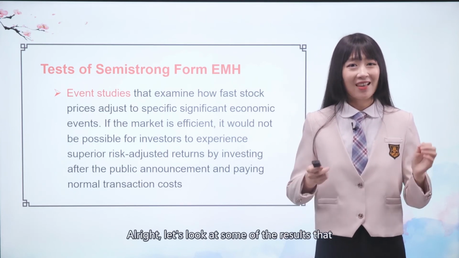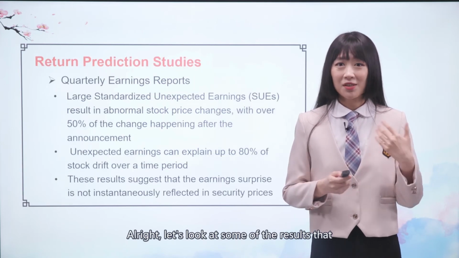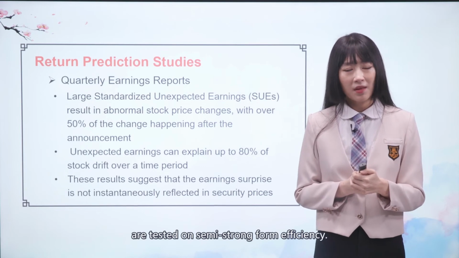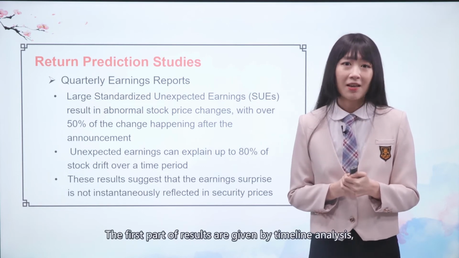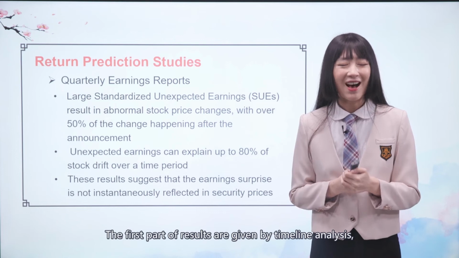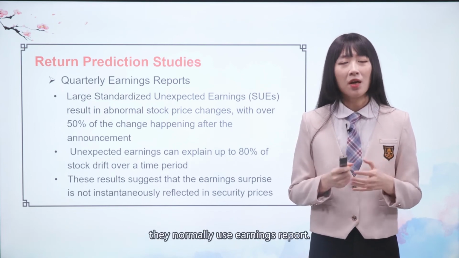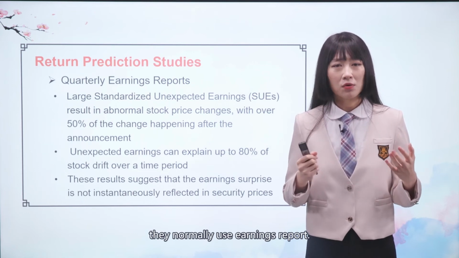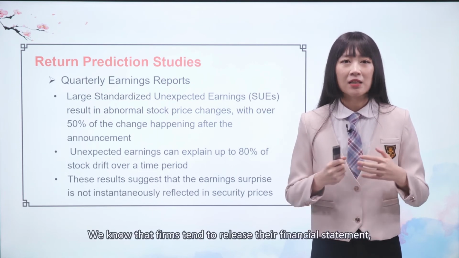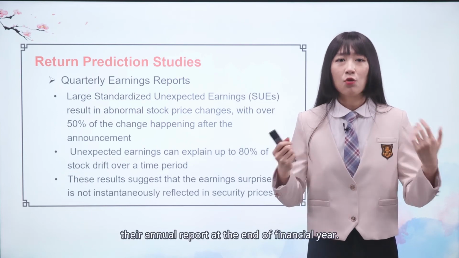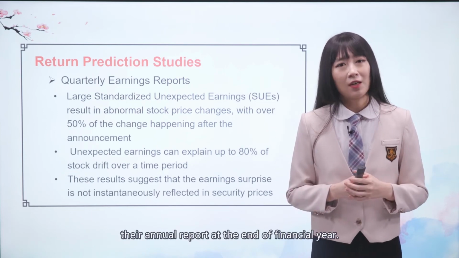All right, let's look at some of the results that are tested on semi-strong form efficiency. The first part of the result is given by timeline analysis. They normally use earnings reports. We know that firms tend to release their financial statements, their annual report, at the end of the financial year.